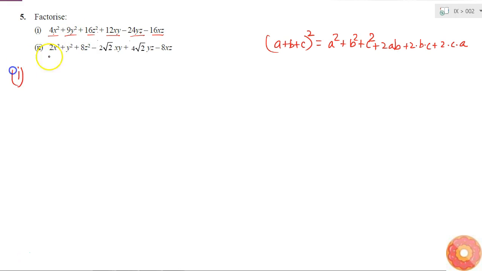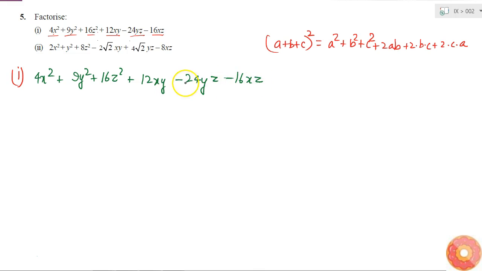So if I start with the first one, I have 4x square plus 9y square plus 16z square plus 12xy minus 24yz minus 16xz. Here I see that there is a minus sign springing up in two of the terms, that is, in these two terms which have z.